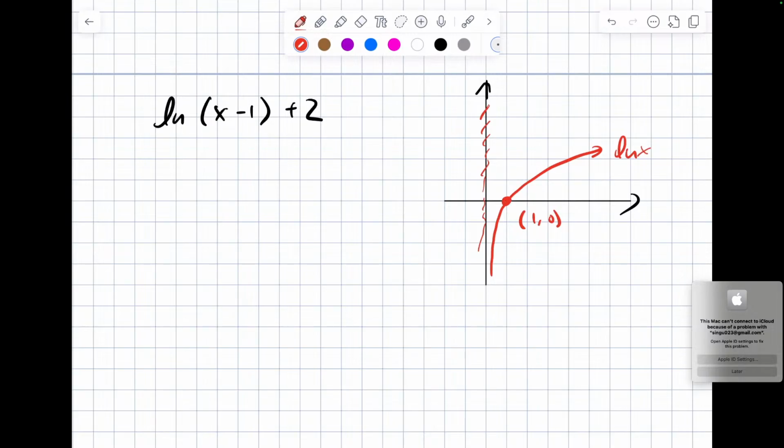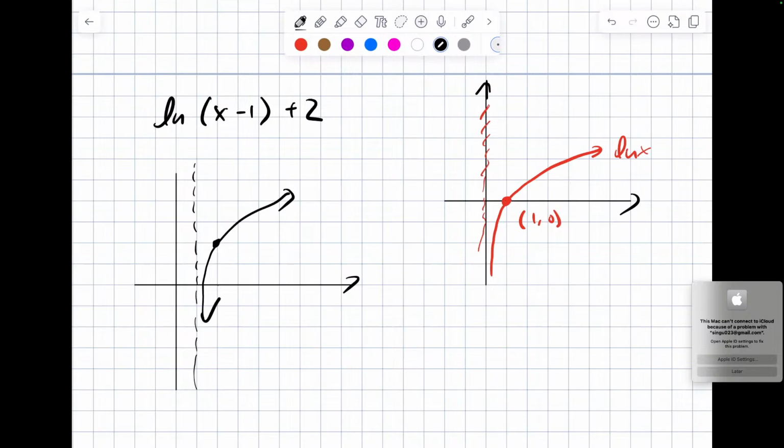Now this one is going to go right 1 and up 2. So this point is going to go right 1 and up 2, like this. The asymptote is going to move right 1, so it's going to be like this, and the graph is going to be like this.